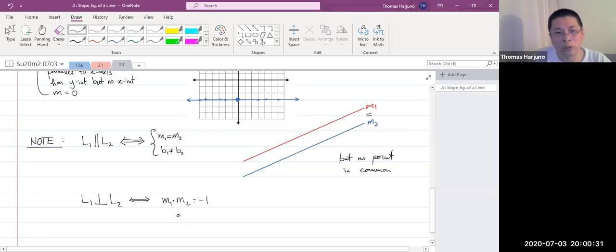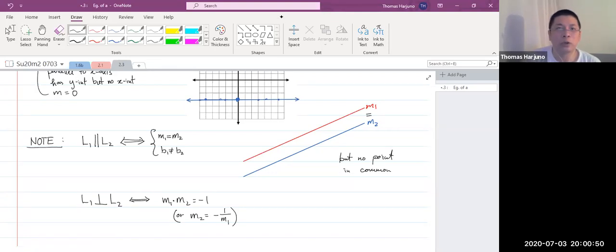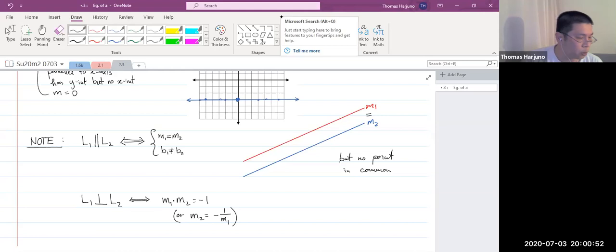Or another way to say it is the slope of one line is the negative reciprocal of the other one. Okay? The product of the slopes should be -1. Now I will give myself a break. After this, we'll do a little problem and then move on to 2.2.